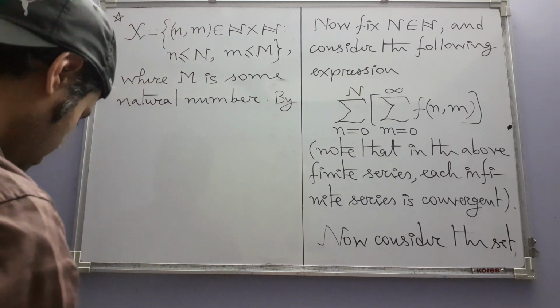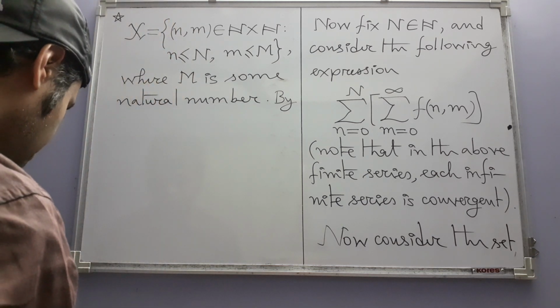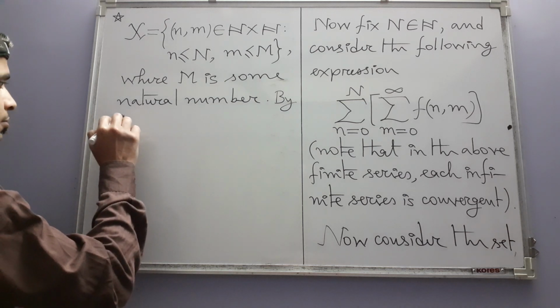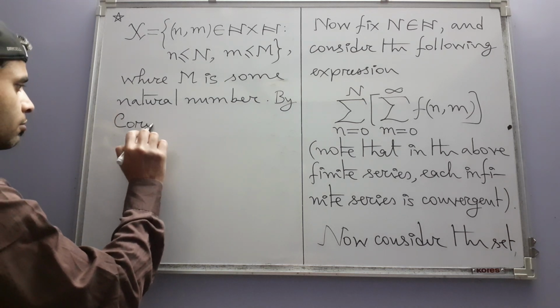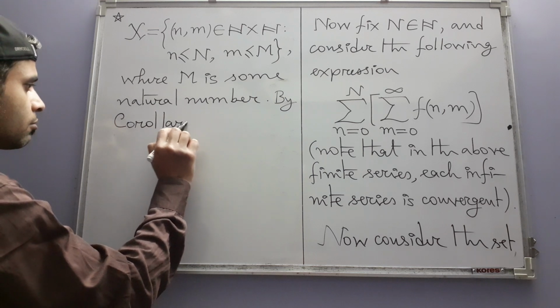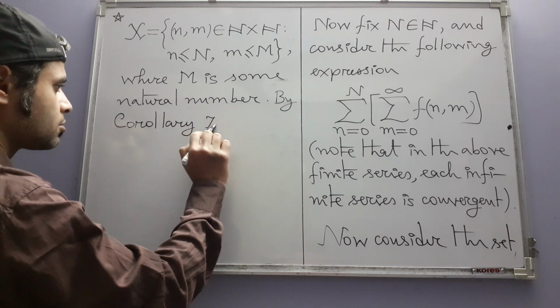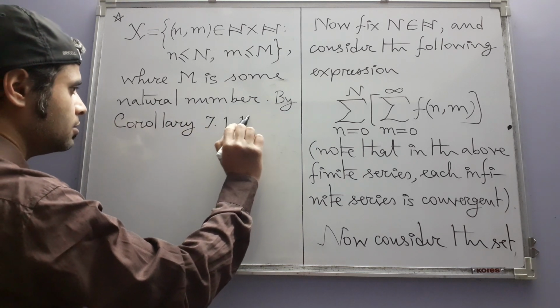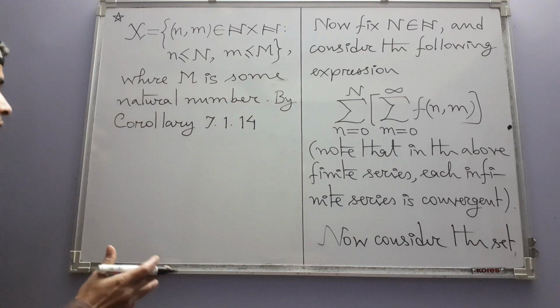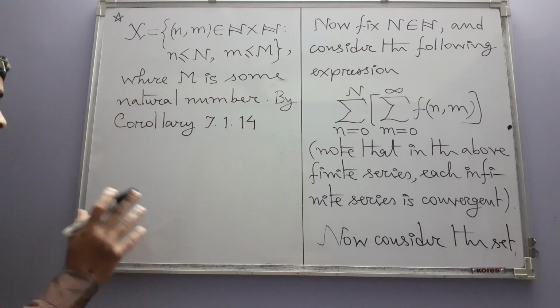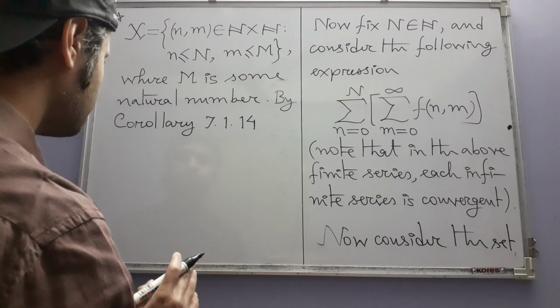And the reference number is this: by corollary 7.1.14. This is Fubini's theorem for finite series, which we already have seen and also proved.